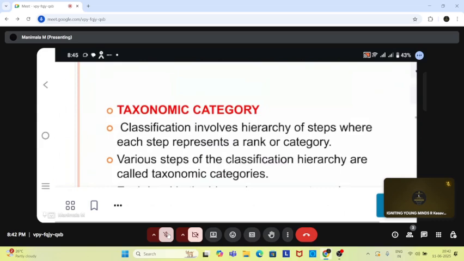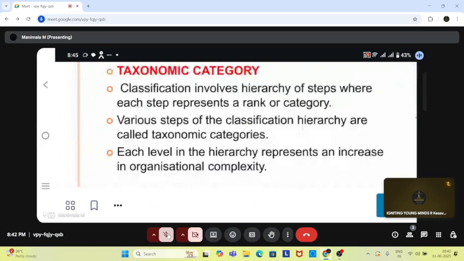Yes or no? And the next one, I think you got it. First, we discussed nomenclature, the rules for binomial nomenclature, and the next one is classification. In classification, the scientific term for grouping organisms is taxa. The grouping of organisms based on particular characteristics is called taxonomy.